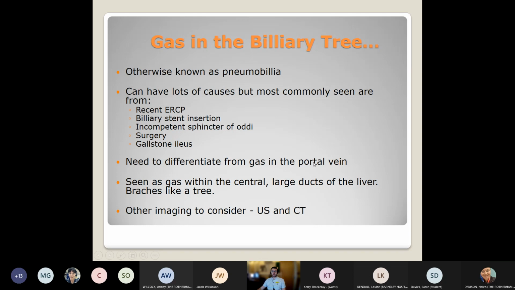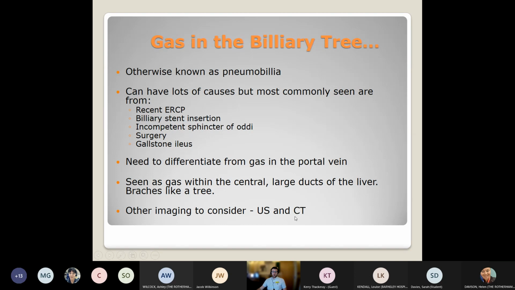It carries a very, very poor prognosis. Gas in the biliary tree will look like a tree appearance, but it'll be more central, and the vessel's larger. Gas in the portal vein, which we'll see some examples, will still have that tree appearance, but it'll be more peripheral, and there'll be a lot more smaller branches.